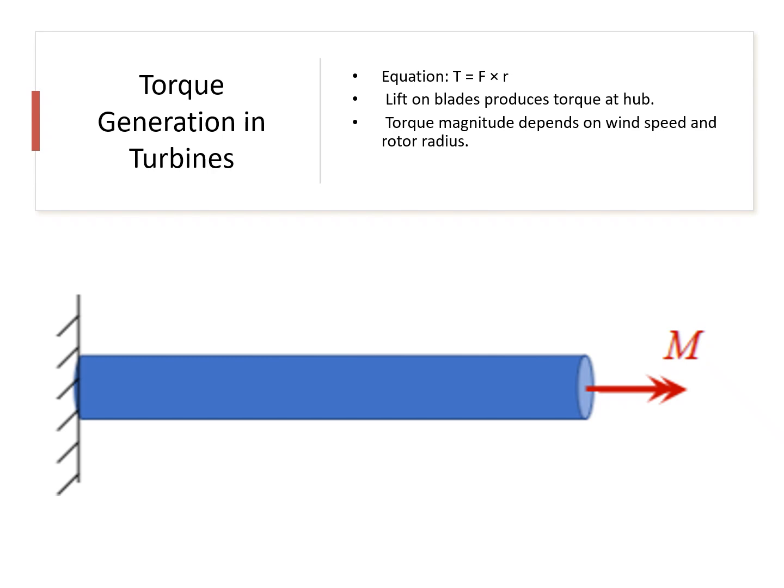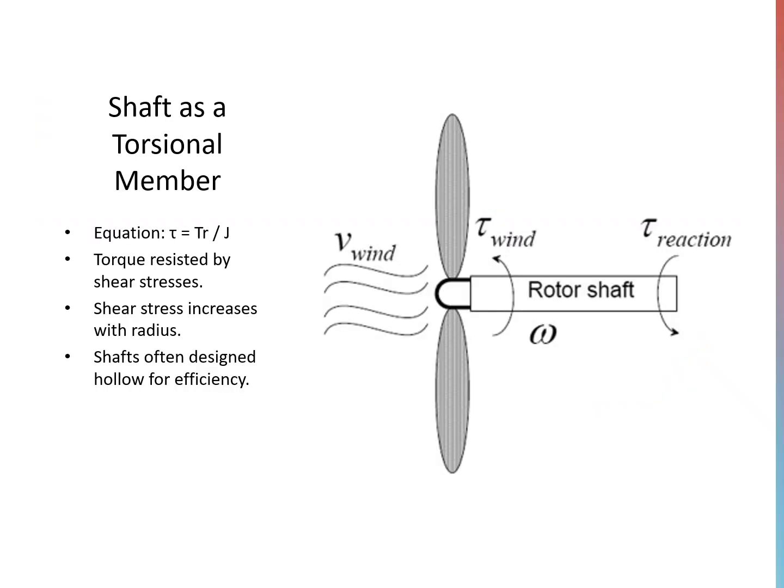into electric energy. When torque occurs, it is resisted by a shear stress. Shear stress is given by the torque times the radius of the rotational member divided by the rotational inertia of that member. Shear stress increases as the radius increases.